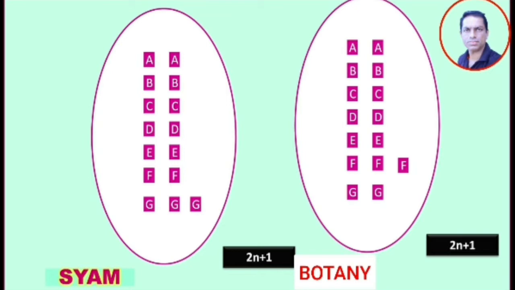So in the formation of gametes, one genome A, B, C, D, E, F, G enters one gamete, N. In another gamete A, B, C, D, E, F, G plus the extra, that means N plus 1. So in trisomic, the gametes formed are N and N plus 1.